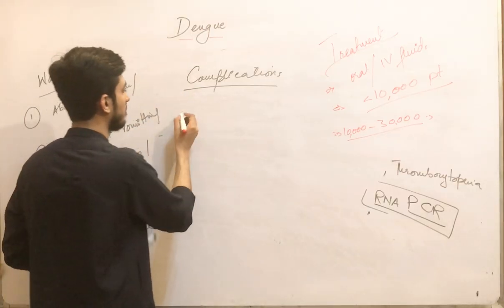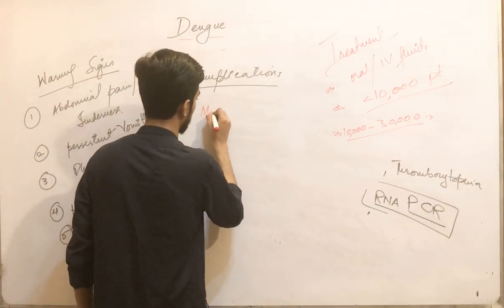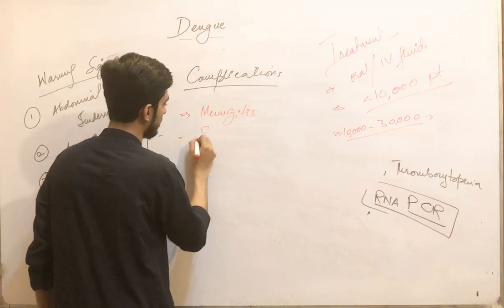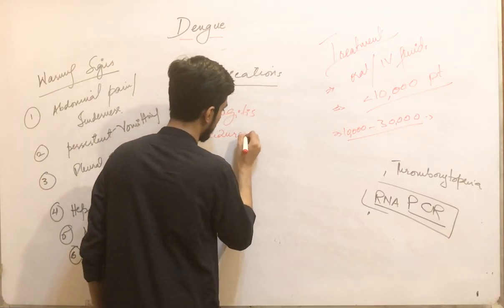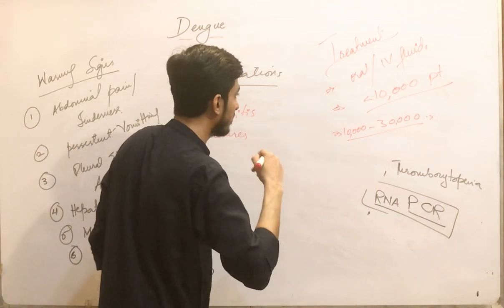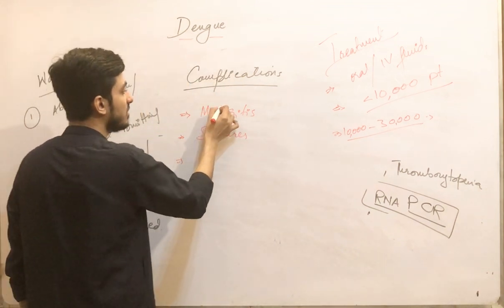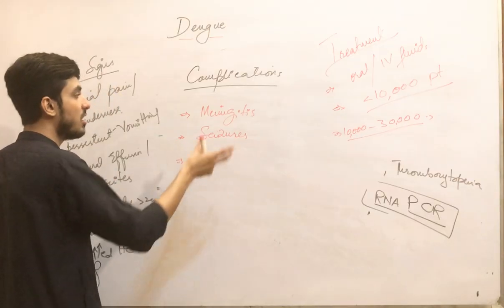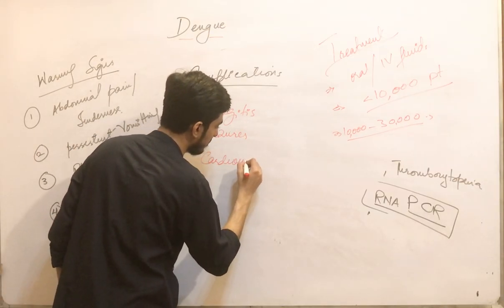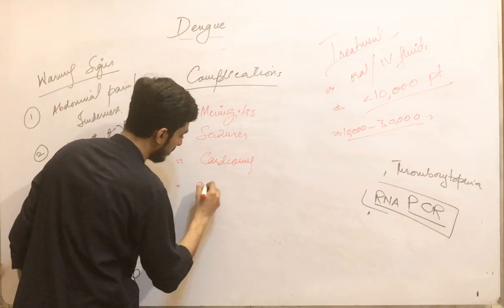We have meningitis, we have seizures. Obviously in dengue you will be having electrolyte imbalances and other features that predispose to these conditions. Meningitis, seizures, we have cardiomyopathy, arrhythmias.